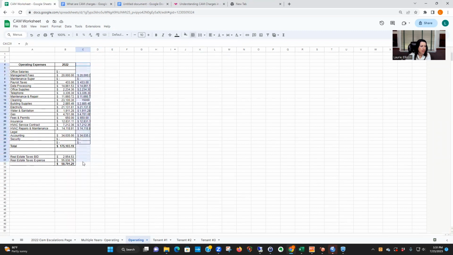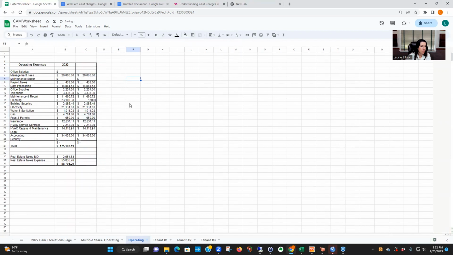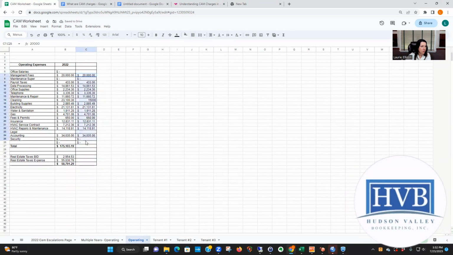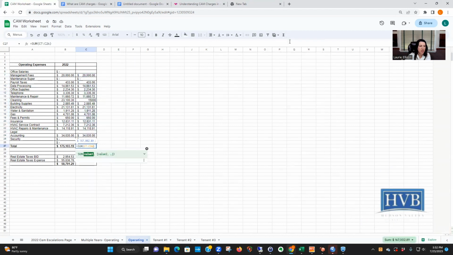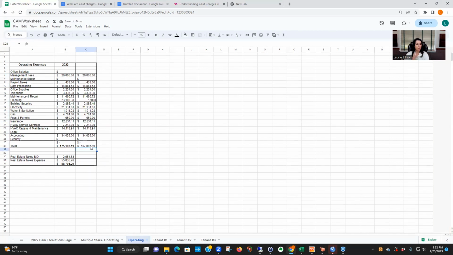I was trying to make that a grid. So the calculation for that specific tenant would be based on this number, not the 175. If you have certain things that are capping out, you're going to need to figure that out as well.